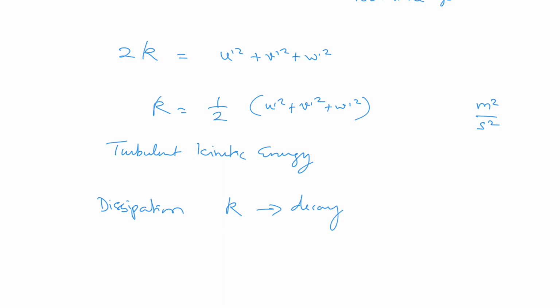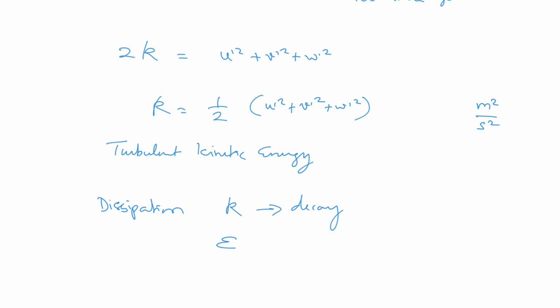So you might find reduction in turbulence and you might call it decay of turbulence or dissipation of turbulence. So this dissipation we call it epsilon. That is how this kinetic energy gets reduced in the flow and eventually it goes to zero, and how it gets converted to the viscous heating.